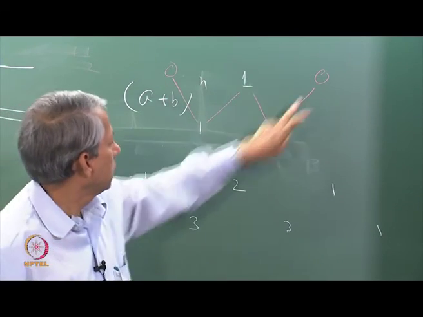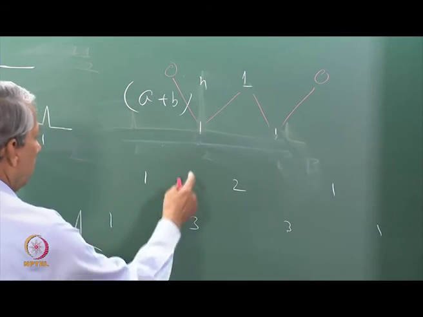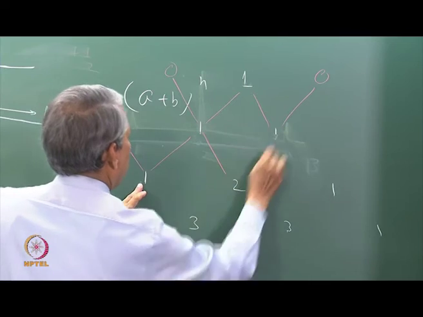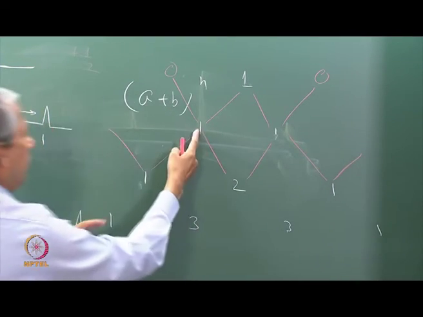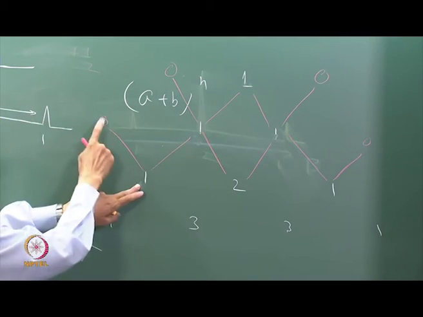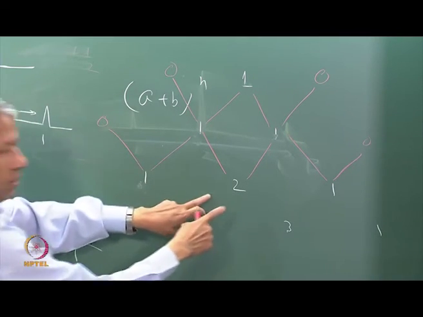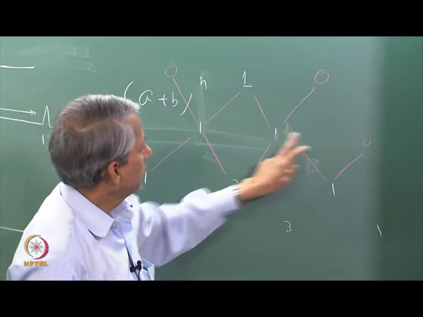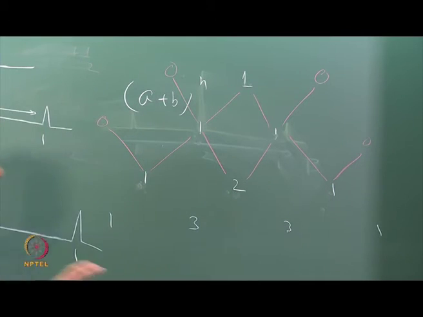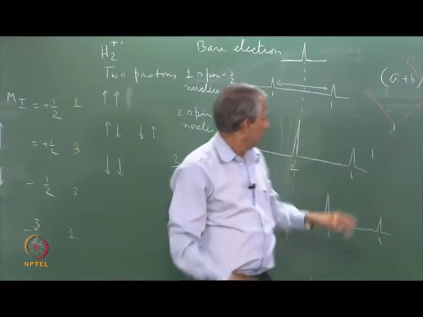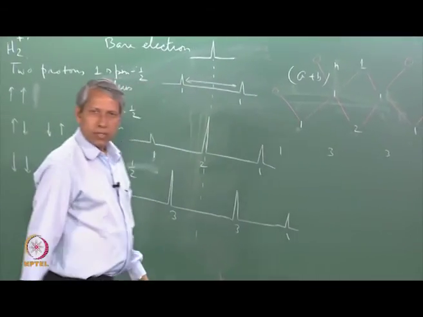Similarly here 1 and 0 gives 1. Go down, here again I add the numbers which are directly to the left and to the right. Imagine there is a 0 there. So this 1 comes from the sum of this and this, which is 1. This 2 comes from the sum of this 1 and 1, which is 2. This comes from 1, 1, 0 and 1 is 1 here. So with every step we just add the 2 numbers on the left side and right hand side to get a number below that. So this triangle is called the Pascal triangle.